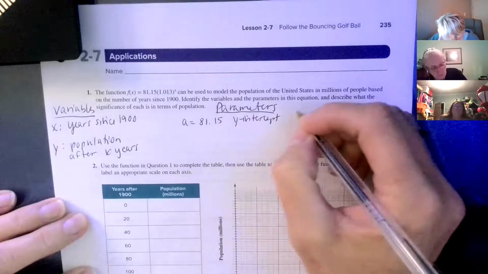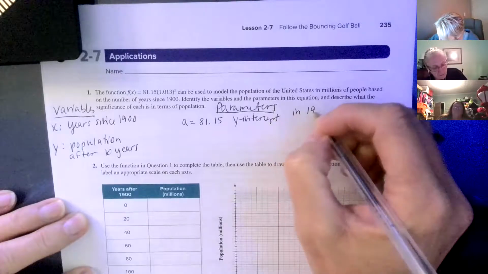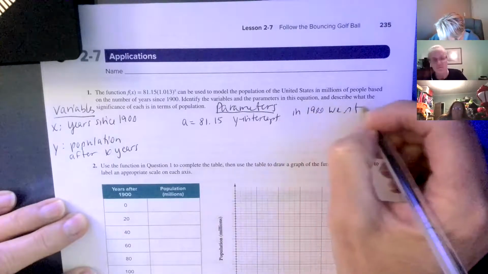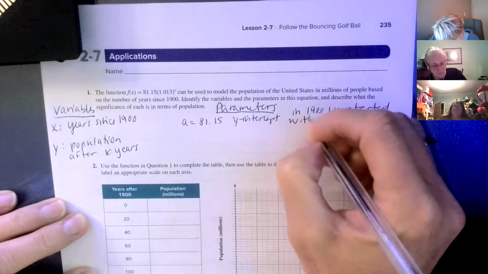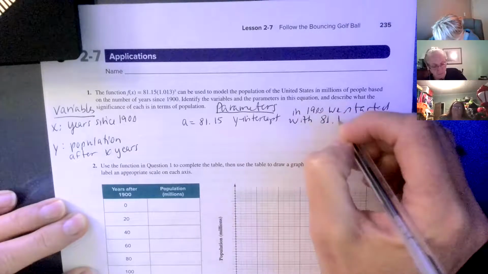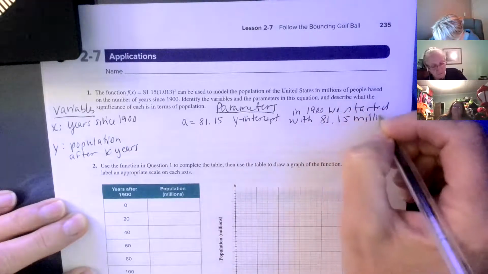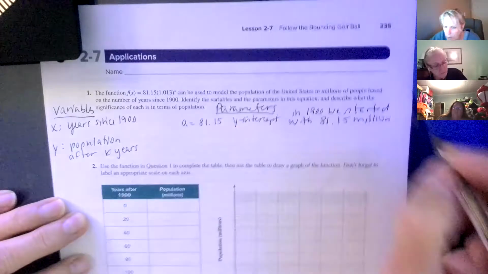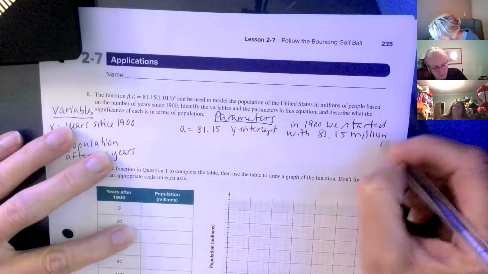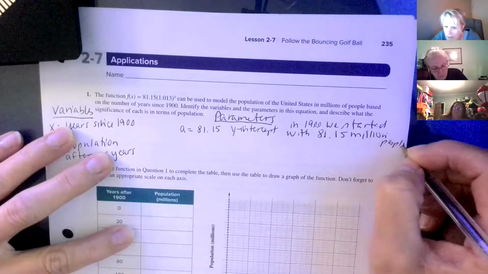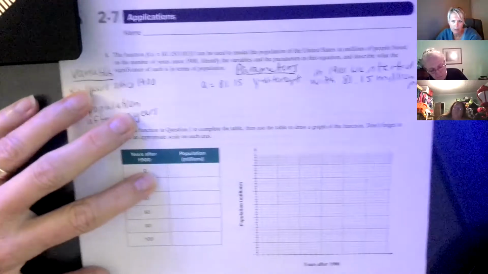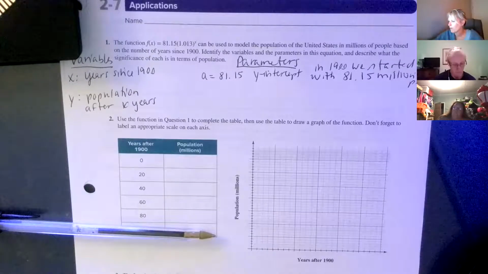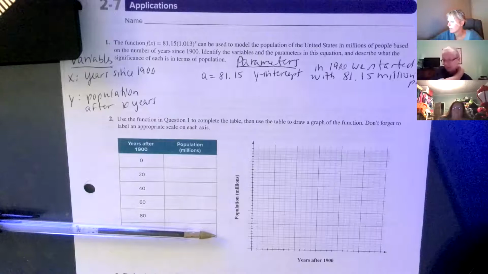So in 1900, we started with 81.15 million people. Can you guys see the million people? Until everybody gets that challenge.